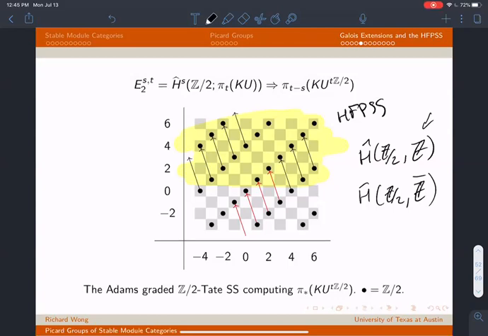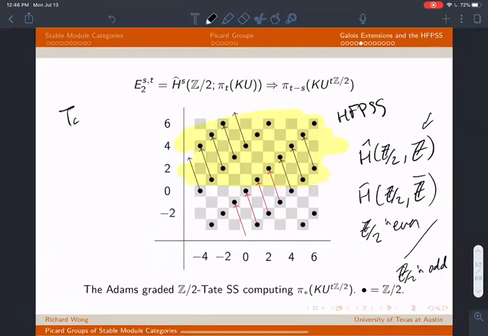And you just get Z/2's in either appropriately odd or even degree. So that's how you get the E2 page of the spectral sequence.